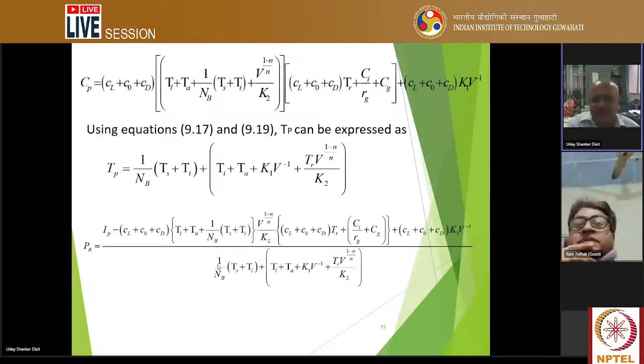As a thumb rule, cutting speed should be as high as possible, after that feed, and after that depth of cut, which has less influence. If you want, you can keep depth of cut very high also. But if you want a high production rate, then cutting velocity should be high.